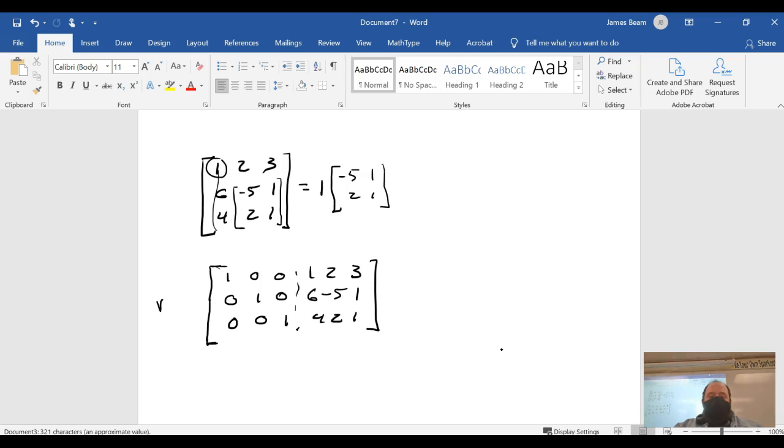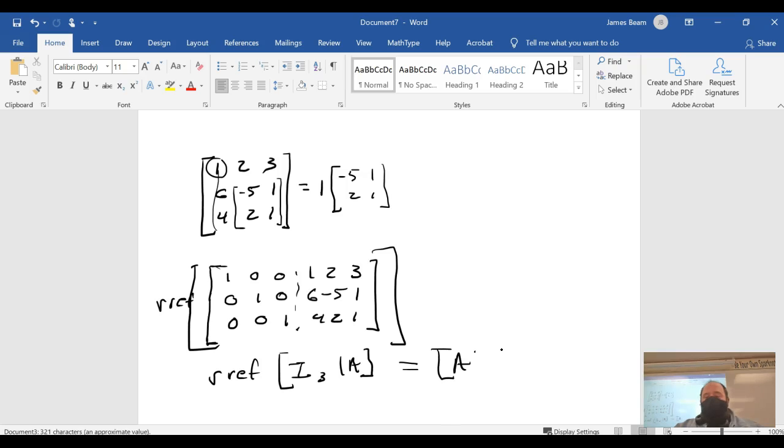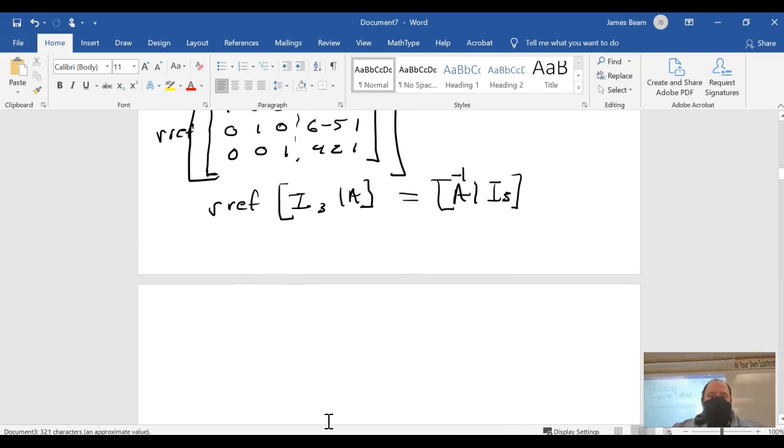And if you take RREF of this, so this is RREF of identity 3 times matrix A, that's going to yield A times identity 3, or A inverse times identity 3. It's actually, I think I have that backwards. Sorry, let me rewrite that because I'm not making sense.